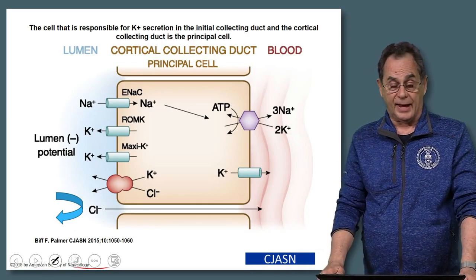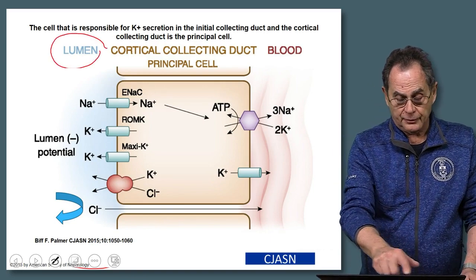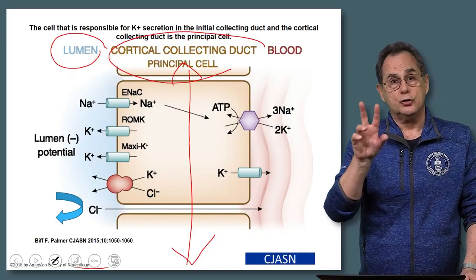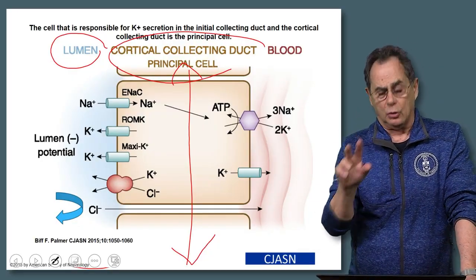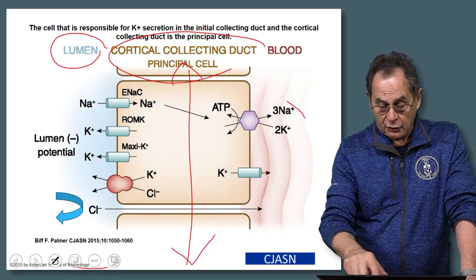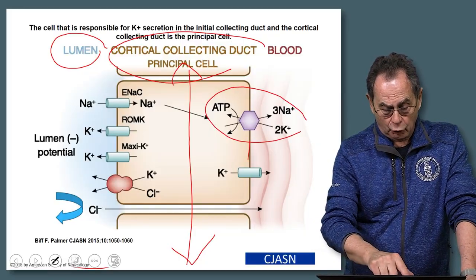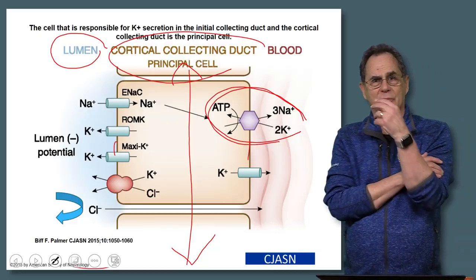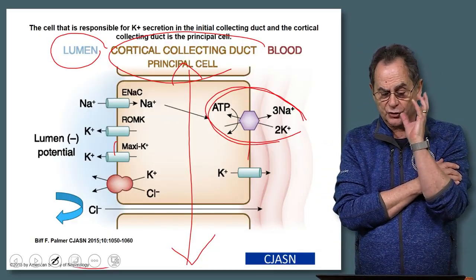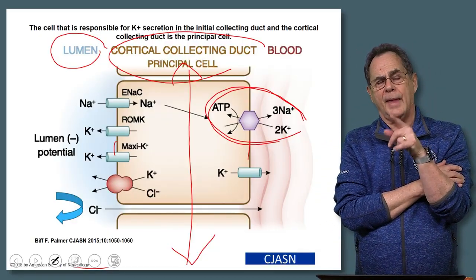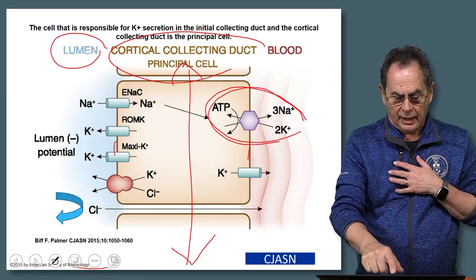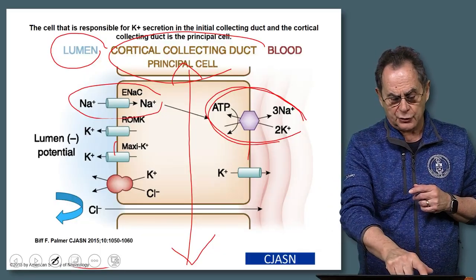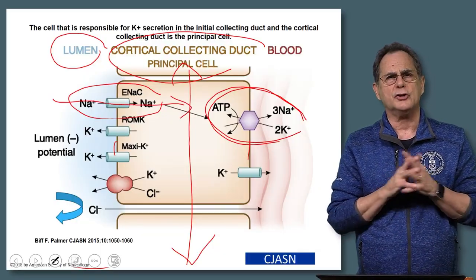So let's take a look at that. So here's our lumen. Here's our cortical collecting duct, or so-called principal cell, one of the two important cell types within the cortical collecting duct. And here's our basolateral membrane, our luminal membrane. Here's our old friends, so to speak, our sodium-potassium ATPase residing within that basolateral membrane. And here's our famous epithelial sodium channel that allows sodium to enter down a concentration gradient.